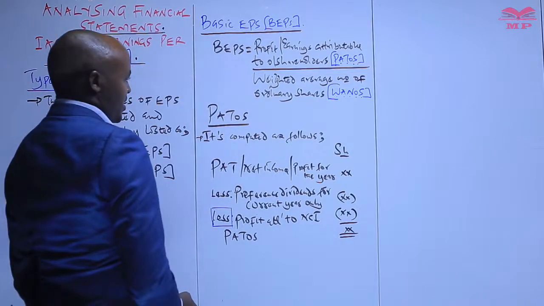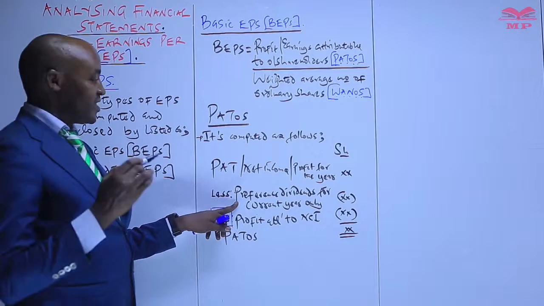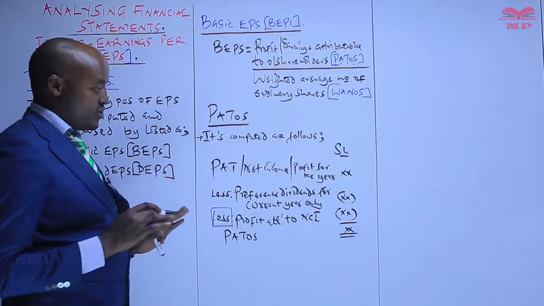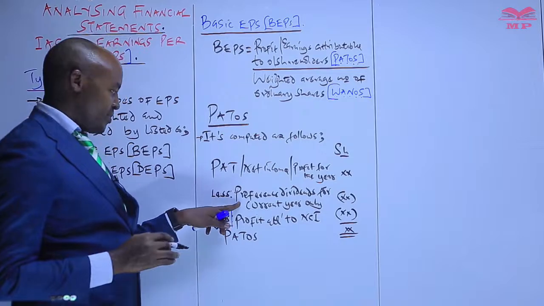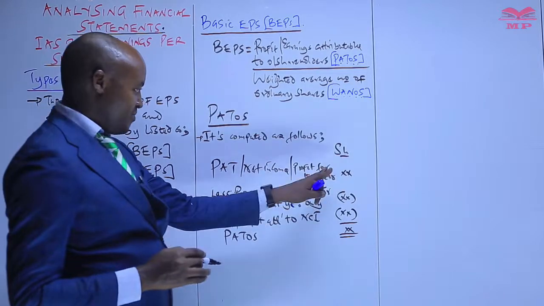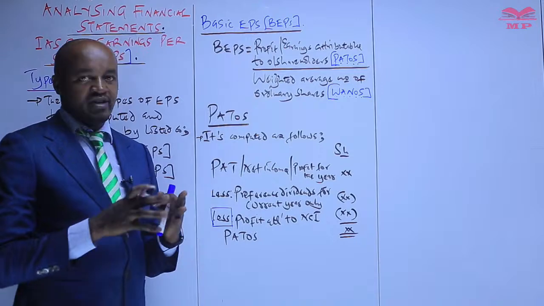But equally, as far as the preference dividends are concerned, there are points which are important for you to know, and I think I've already mentioned one of them, that the preference dividend which we less from that profit for the year should only be the preference dividend for the current year.